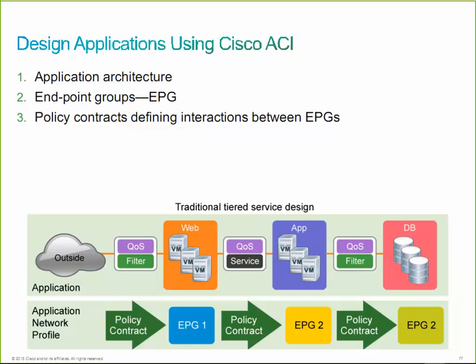What goes in an application web tier? Public-facing servers, right? Internet servers, web servers, and so on. The endpoints themselves get defined by using their NICs, the VNIC, IP address, DNS name, and various other methods that allow us to identify those application components.